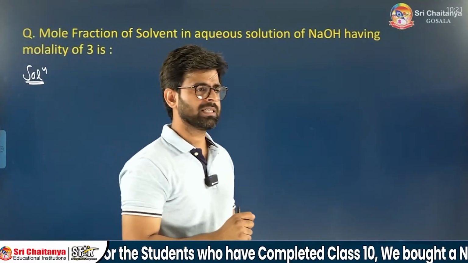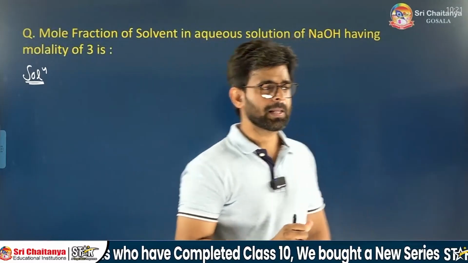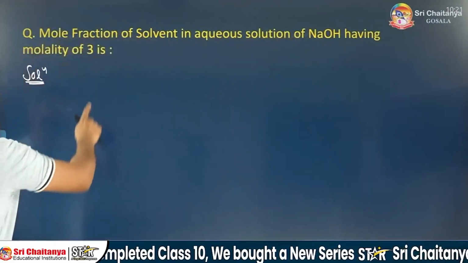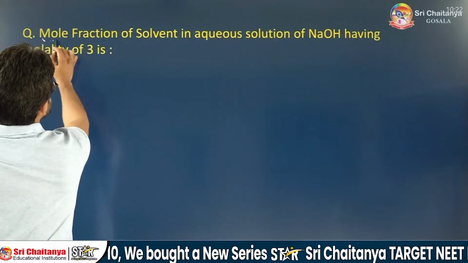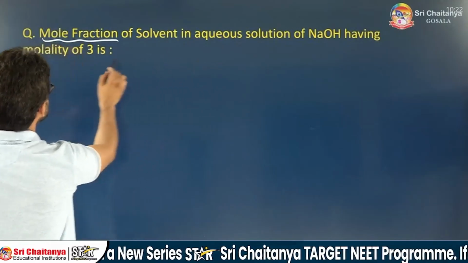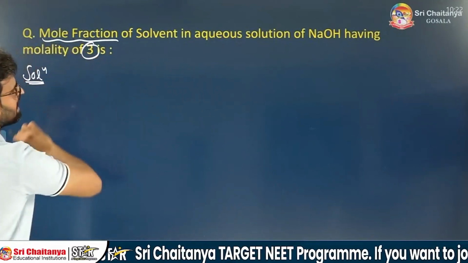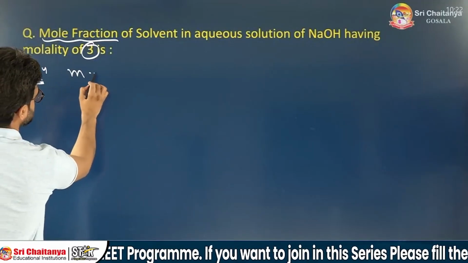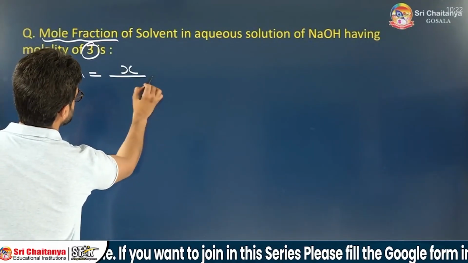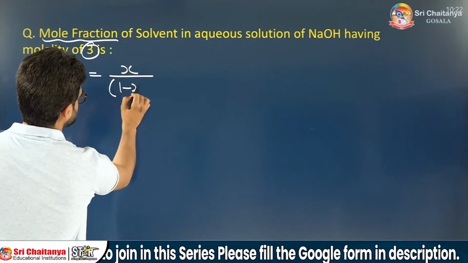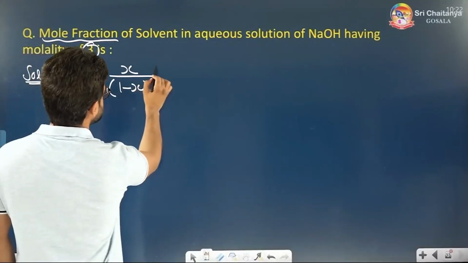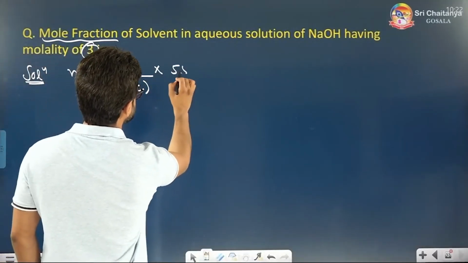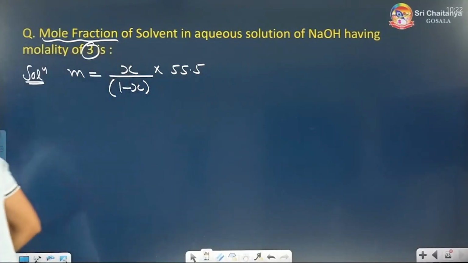Mole fraction they are asking this time. And what is given? Given is molality, 3. I know the molality is mole fraction of solute divided by 1 minus mole fraction of solute, into 55.5, right?